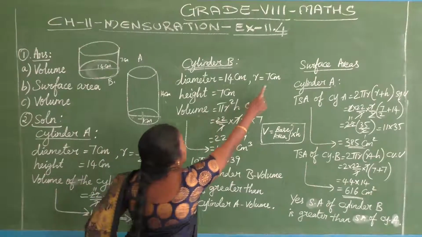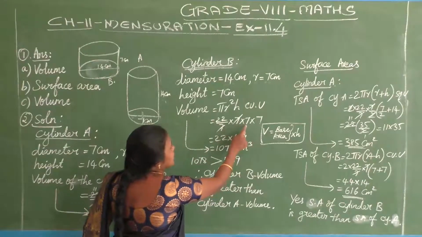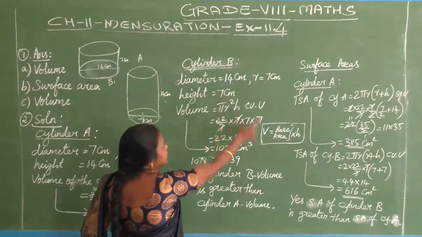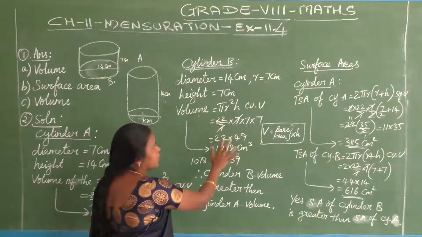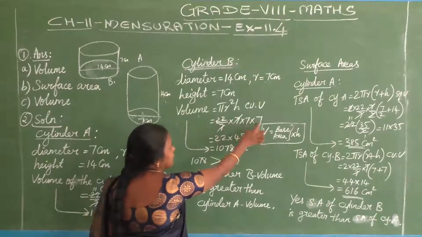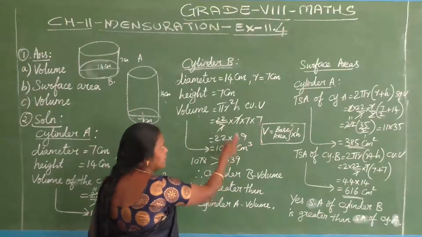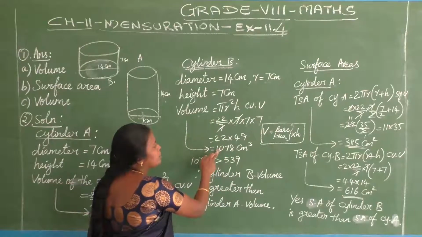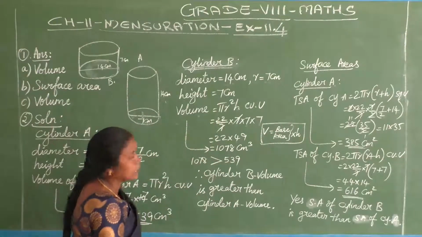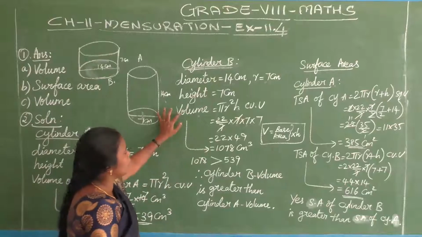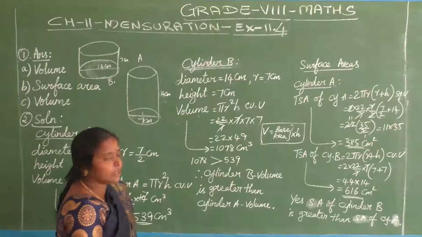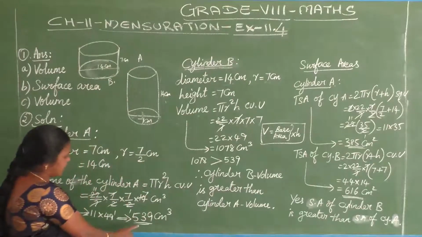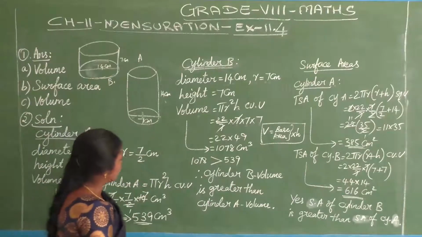R square, r into r, so 7 into 7 into h 7. Clear how it is coming? 1 7 and 1 7 cancelled. Which are the remainder? 22 into 7 into 7. 7 7s are 49, into this 22 becomes 1078 centimeter cube. Clear? So volume of the cylinder B is 1078 centimeter cube. Volume of the cylinder A is 539 centimeter cube.